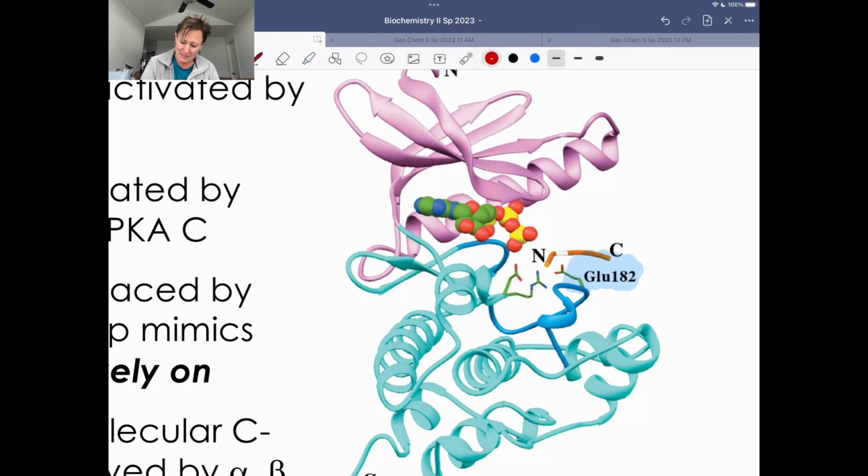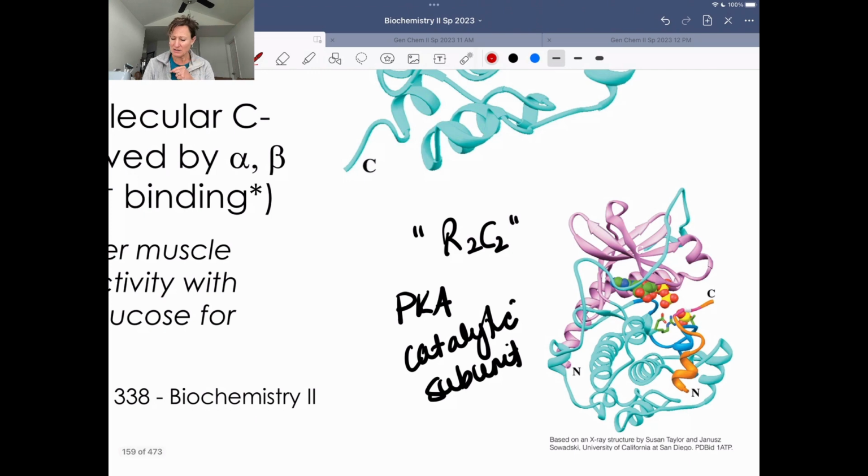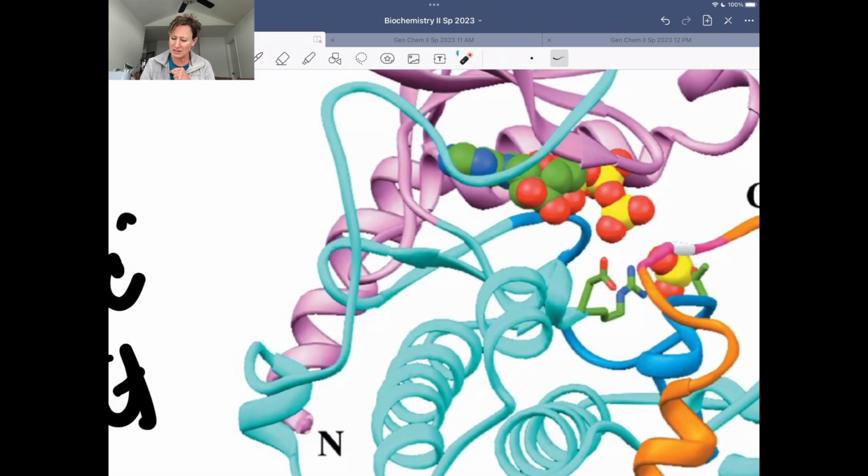Now, why this is key here is this mimics a phosphorylated threonine residue. So it looks like it's threonine 197, but always phosphorylated, okay? Remember that for PKA's catalytic subunit to be active, we had to have that threonine 197 be phosphorylated so it could properly position the substrate.